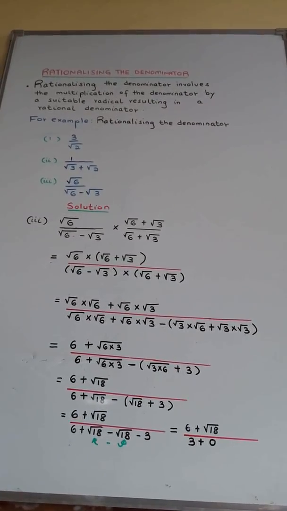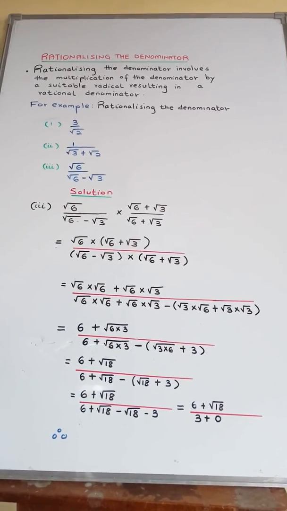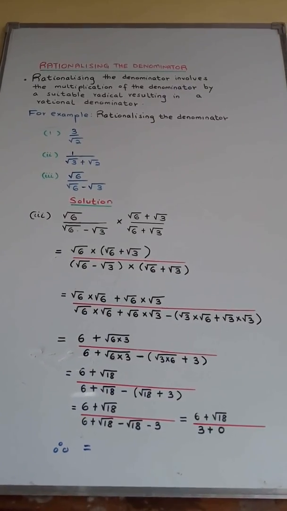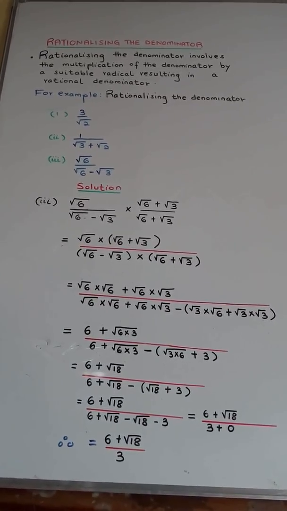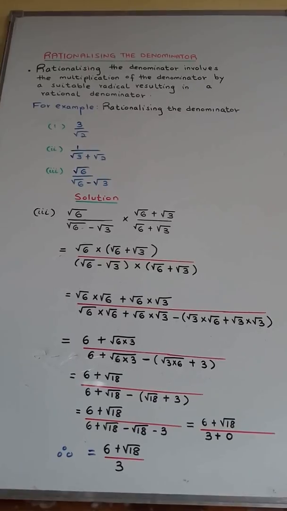Therefore, it is equal to 6 plus radical 18 over 3.